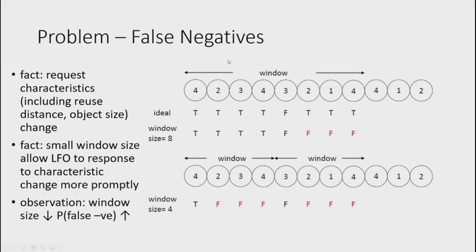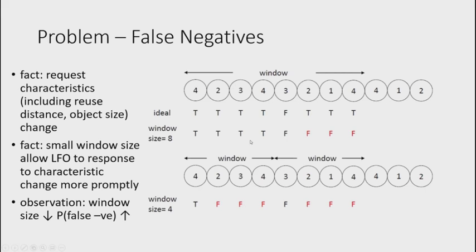And for this kind of fixed window-based algorithm, the smaller the windows are, the more frequently the algorithm adjusts itself to adapt to the changes in request behaviors. However, our observation shows that as the window size decreases, the probability of false negatives actually increases.